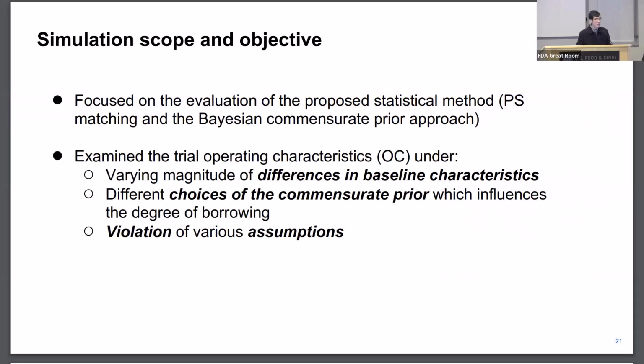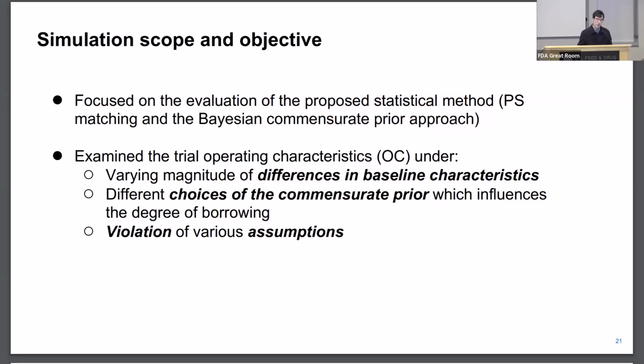I won't go into all the details about the simulations, but briefly we'll cover at the high level what we looked at. The main goal of the simulation scenario is to evaluate the proposed statistical method, which is a combination of propensity score matching with Bayesian comparator prior approach.